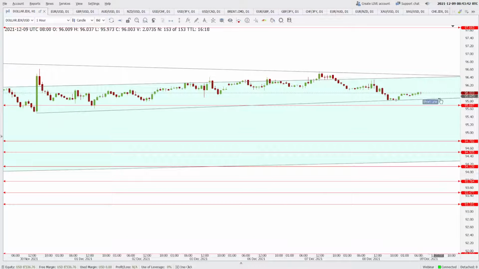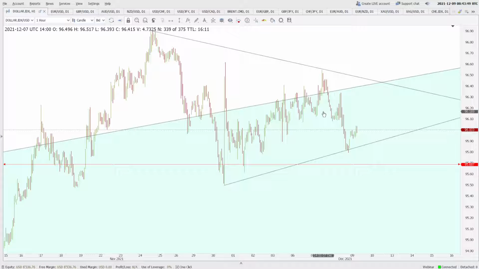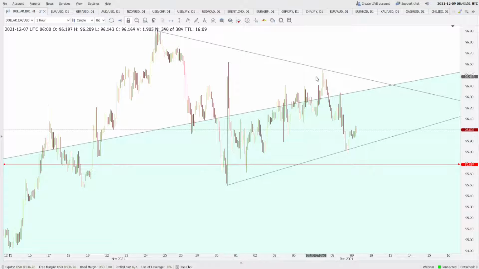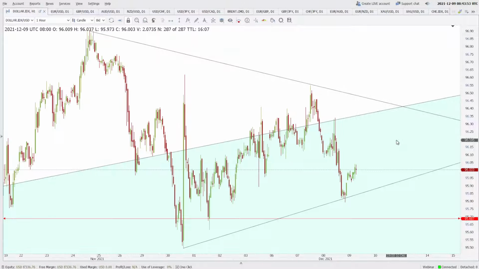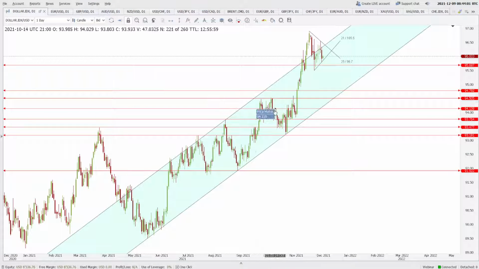So right now we need to break out of this symmetrical triangle that I have drawn. Because it is a daily chart, it may not be that easy to understand, but if you switch to lower time frames, you will see that this symmetrical triangle is being respected. So next time it goes here, maybe it will go back. But if you see, the daily trend is up. The price is making higher highs and higher lows.